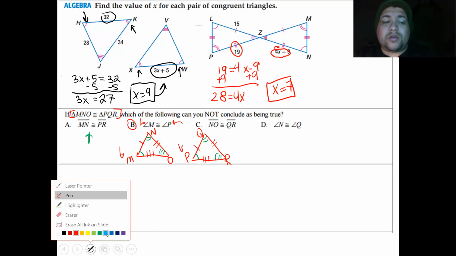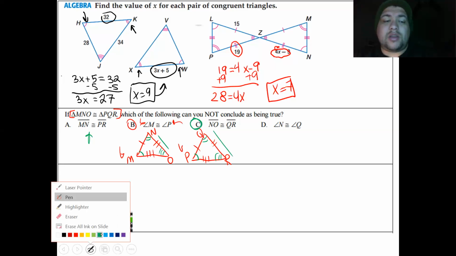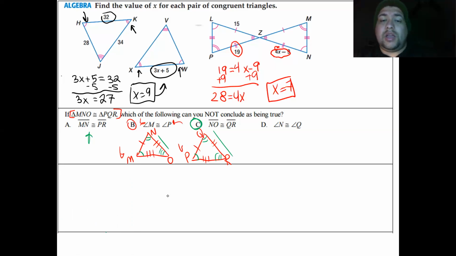The next one, NO and QR are the same, so this one is actually okay. And the last one, angle N and angle Q are the same. So all these are working, so they're out. The only one that doesn't work is our answer up in the front. So this is our answer.